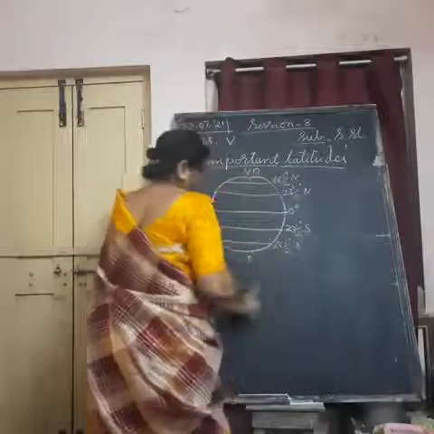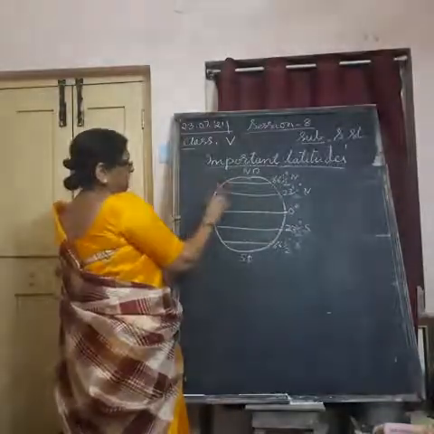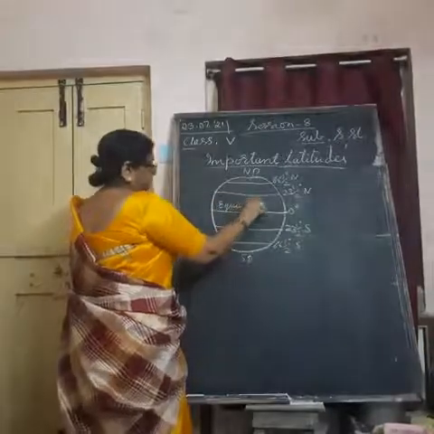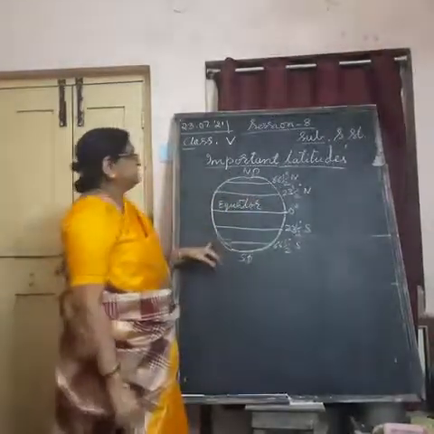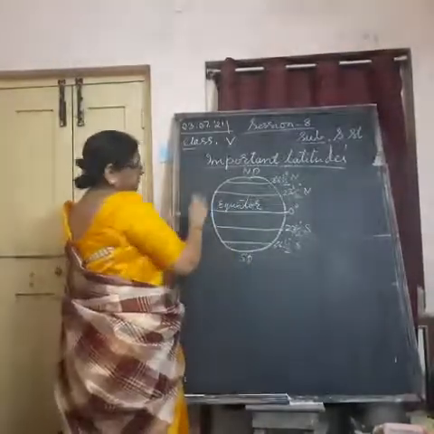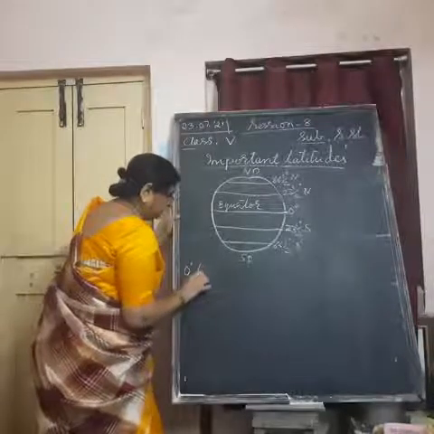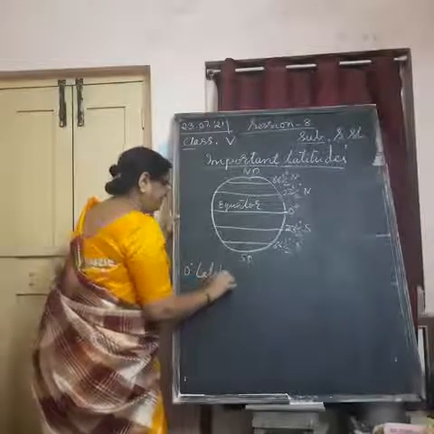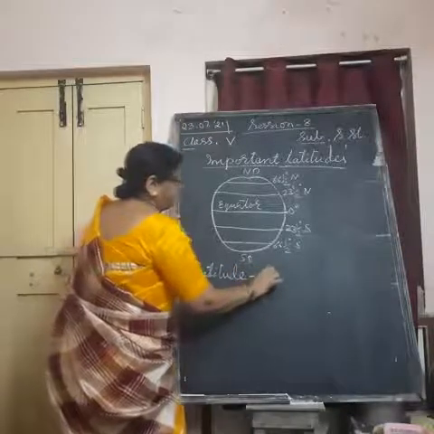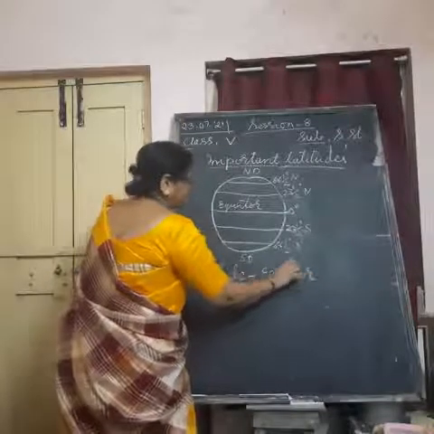So now we have to write their names. You all know 0 degree latitude is the equator. Here we cannot write all the names inside the circle. What you are going to do is, draw with a pencil, and down below write 0 degree latitude, equator. These are the names of important latitudes.